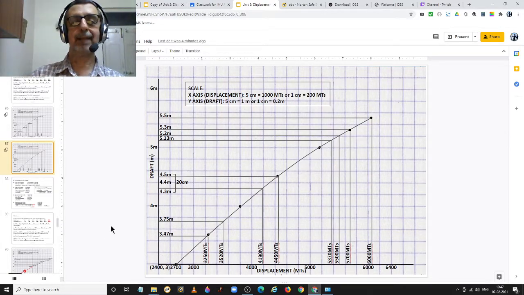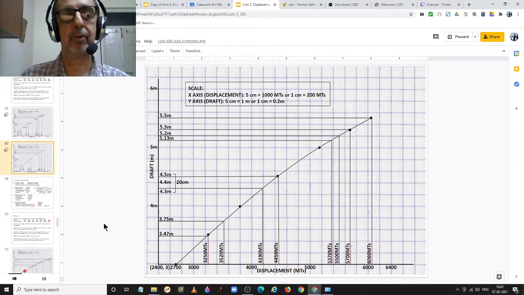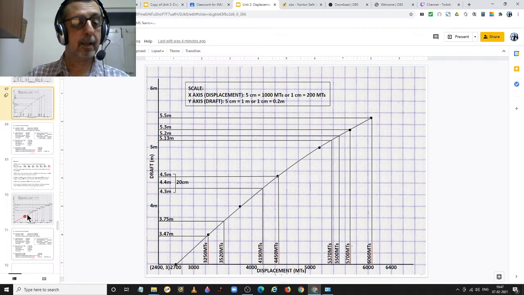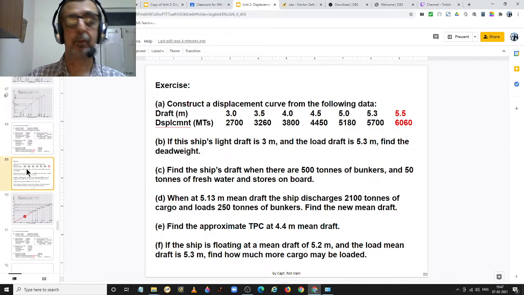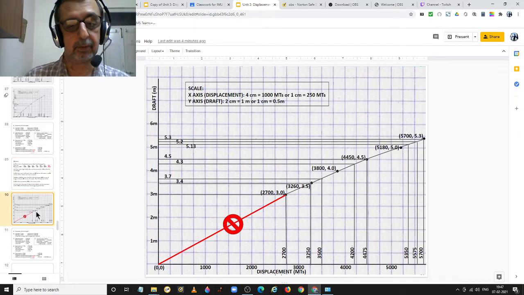Now you would ask me as to why can we not draw the same graph starting with the origin as 0, 0. I'm going to show you with the origin as 0, 0.